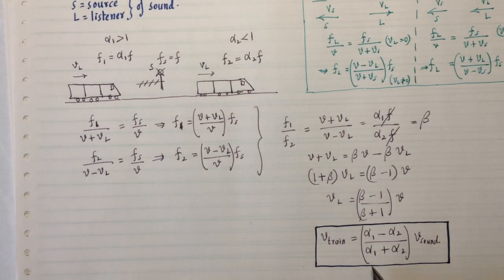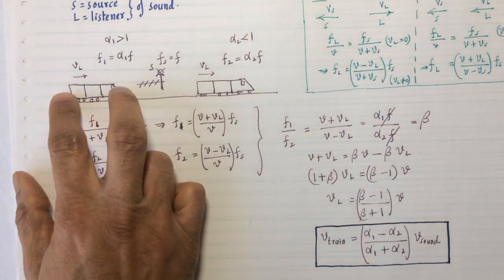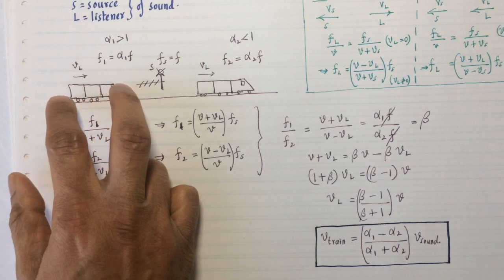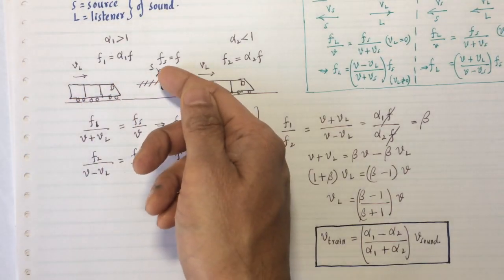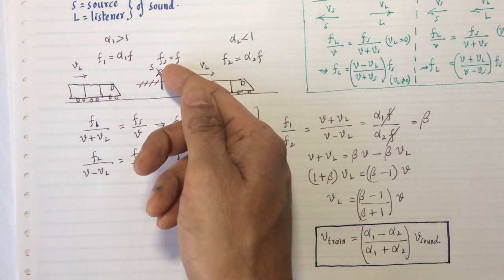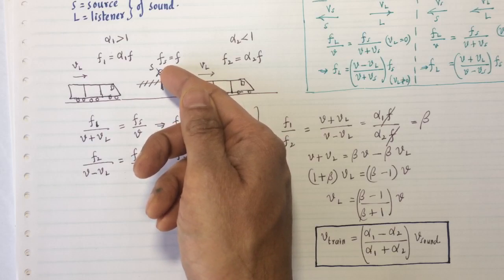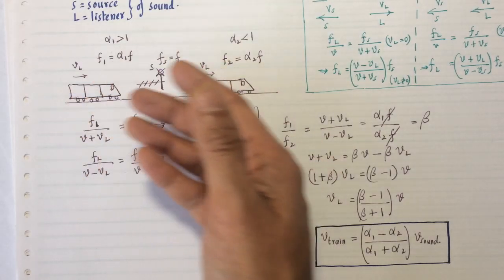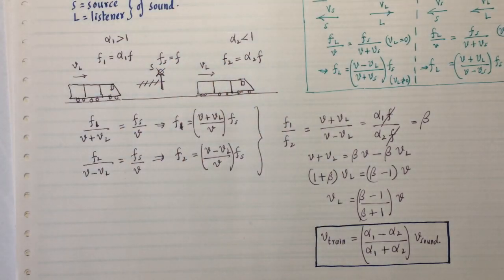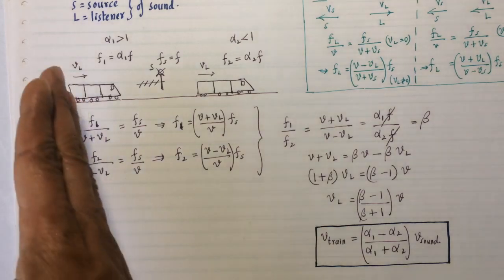Okay, so that's one concrete application of the Doppler effect. The Doppler effect is also used in many other areas. One possibility is weather forecasting. If you imagine this not to be a train but a cloud of rain, then the weather radar station is going to constantly be sending out a radio wave which bounces off the cloud.